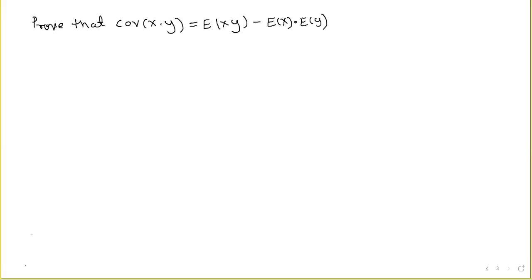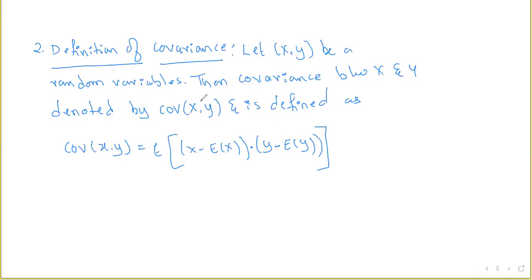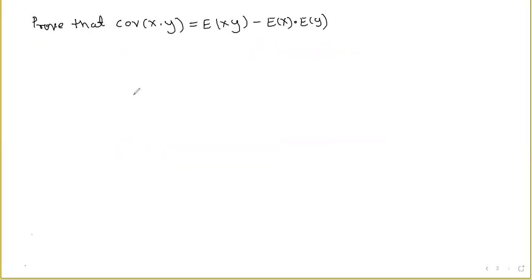Whatever we have in the definition, for calculation purpose it may be difficult. For computational purpose, we can use this formula also. Covariance between x and y is equal to expected value of xy minus expected value of x into expected value of y, right? So now we are going to prove this.